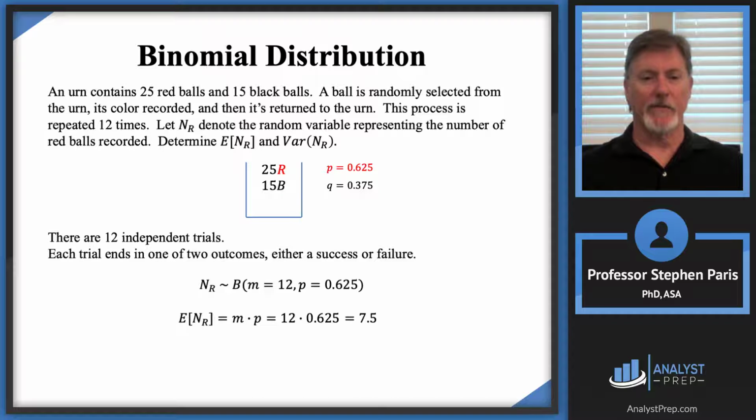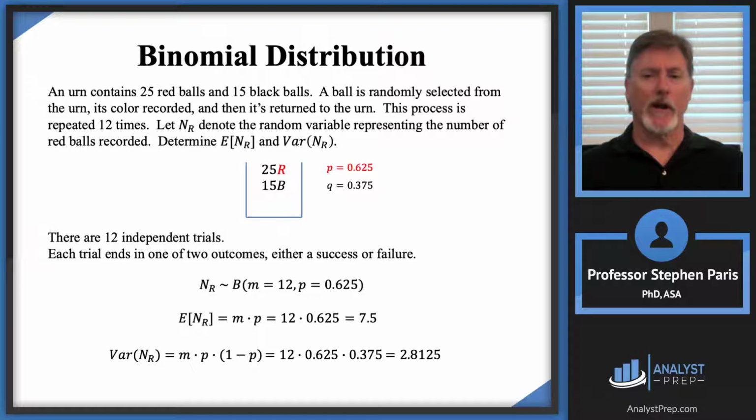Plugging in the values for m and p, we get 7.5 for the expected value. The variance from the previous video is m times p times q. I'm going to start writing this as m times p times 1 minus p, because the q is really not a new parameter. The q is 1 minus p. Once I know the p-value, I know the q-value. Plugging in the values here, we get 2.8125 for the variance.